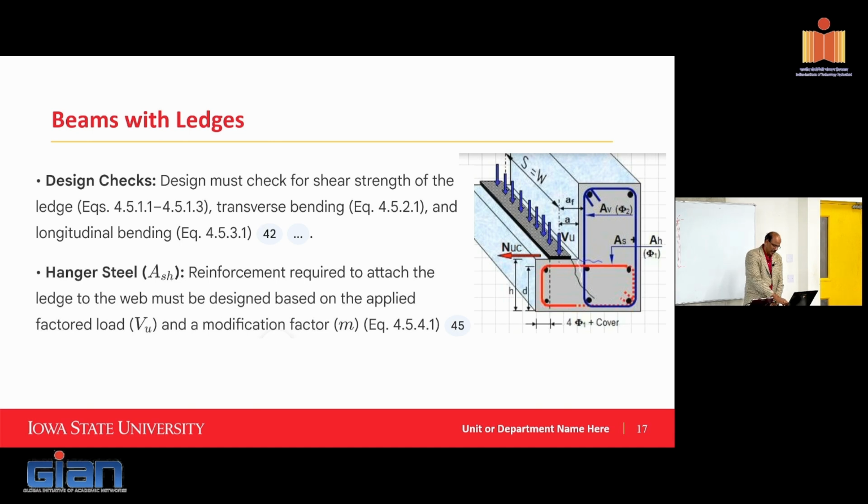Obviously this beam is going to be supporting the regular service load. Now a torsional load comes in because it's supported off-centered from the centroid of the section.